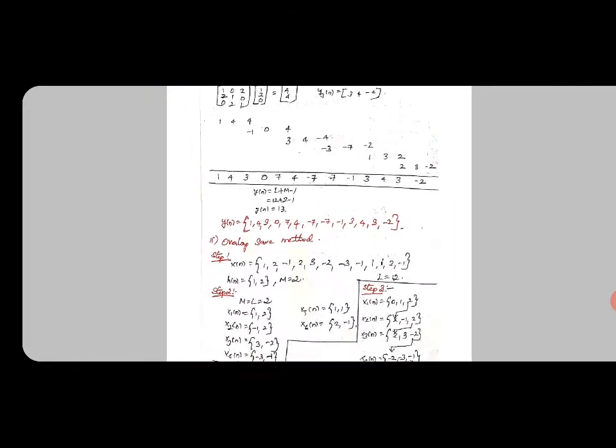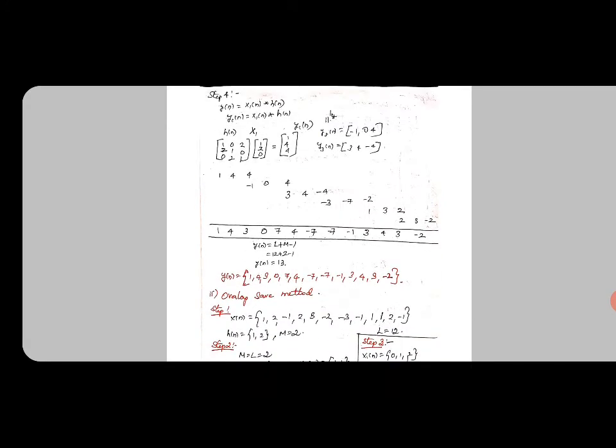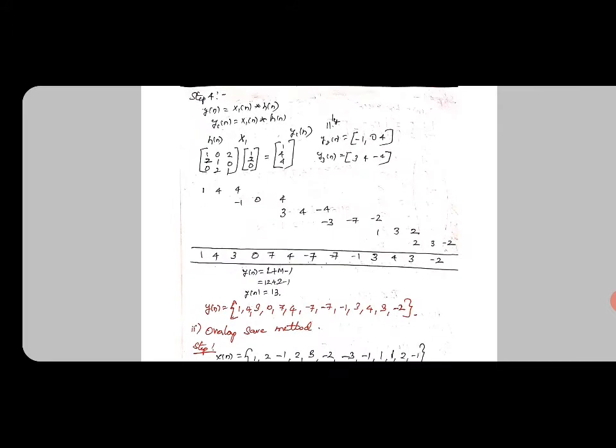Next, we need to find the convolution. Actually, we know that y1 of n is equal to x1 of n convolved with h of n.